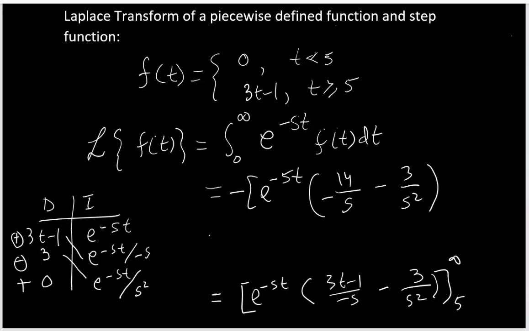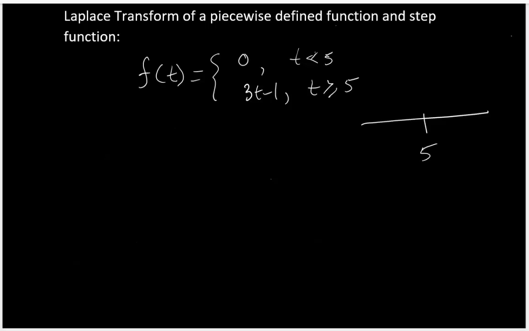A more simplified version gives e to the negative 5s times (14 over s plus 3 over s squared). So this is the Laplace transform of this piecewise defined function. In the next part, I will show how to convert this piecewise defined function to a step function and take the Laplace transform.